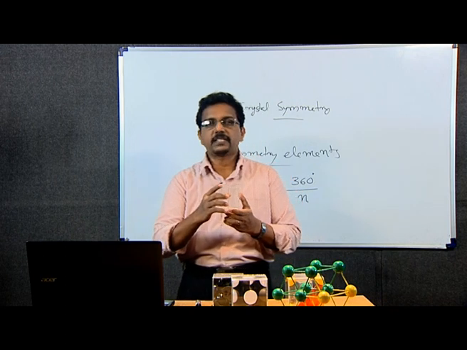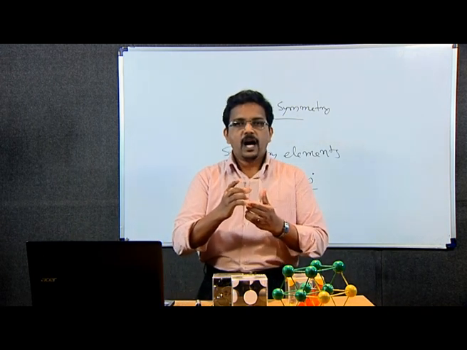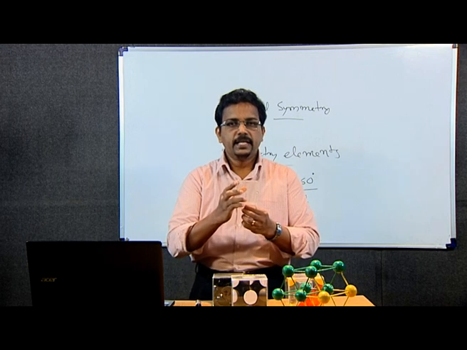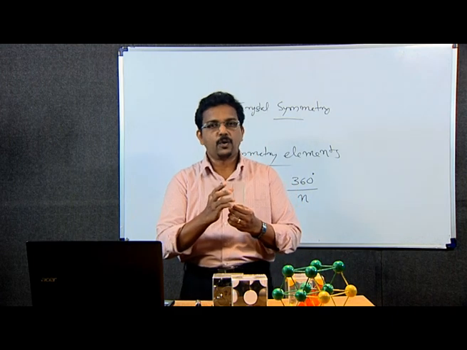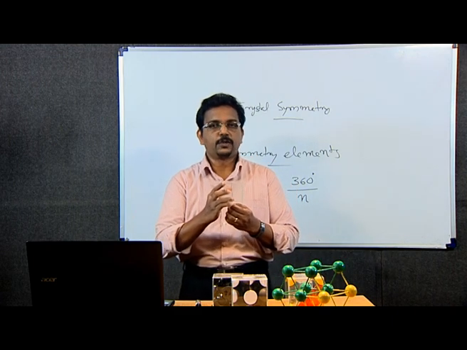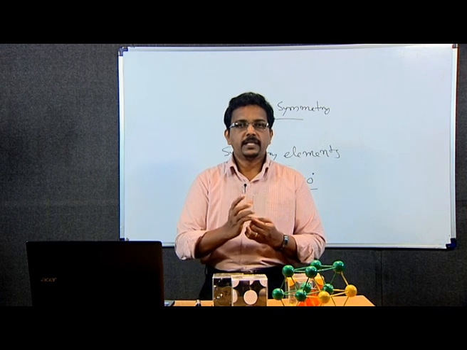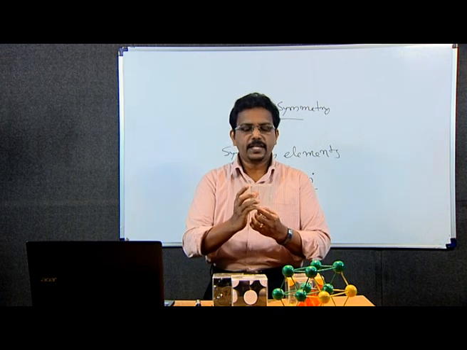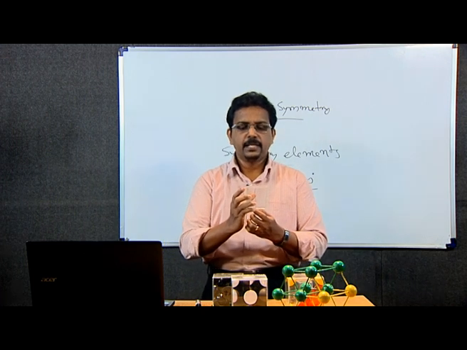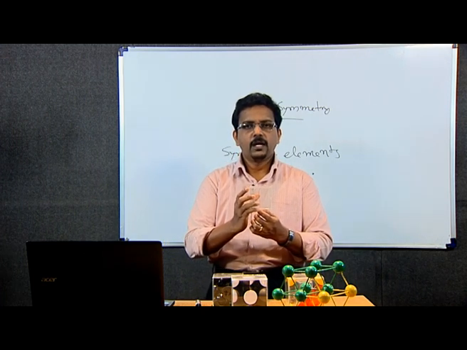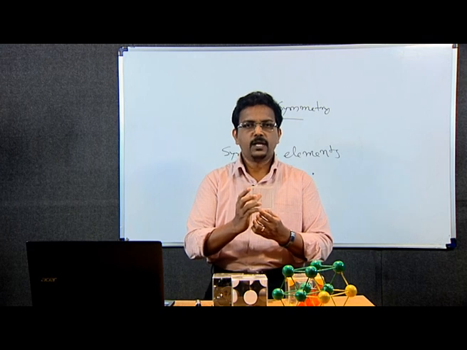If the equivalent configuration occurs after a rotation of 180 degrees, 120 degrees, or 90 degrees, the axis of rotation is known as two-fold if the rotation is 180 degrees, and if the rotation is 120 degrees, of course 360 by 120 is 3, then it is called three-fold, and if it is 90 degrees, 360 by 90 is 4. So, that particular rotation is called four-fold.